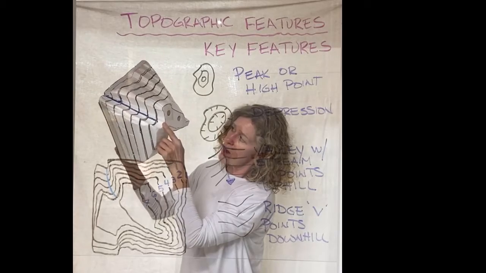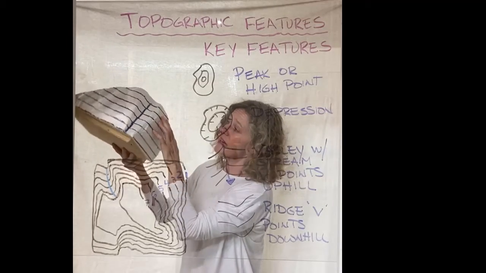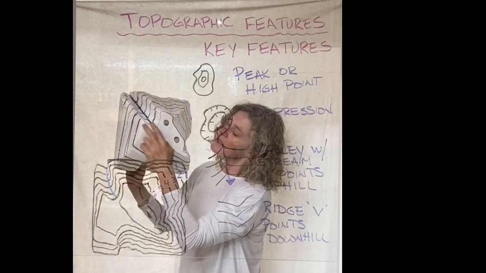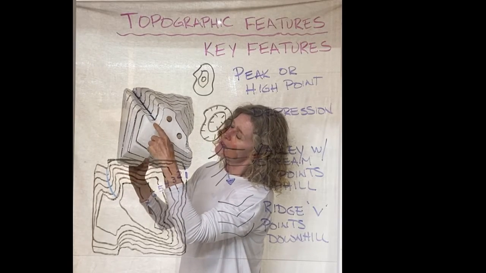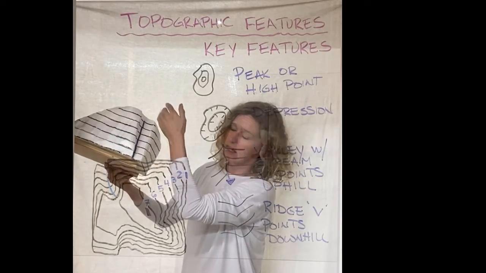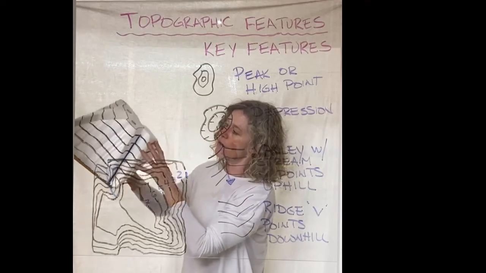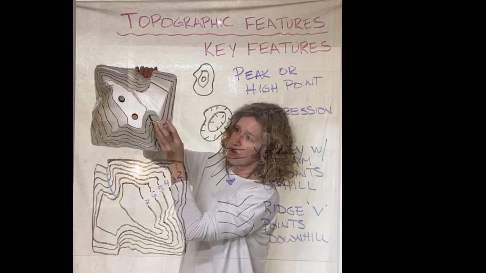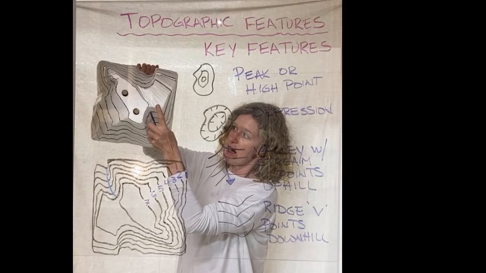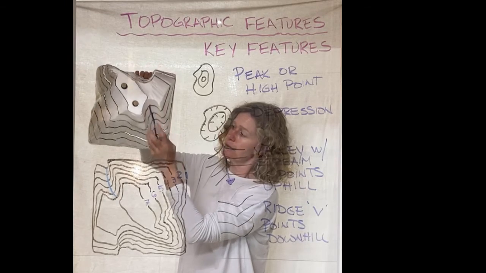Where we see the water, which would be considered a valley, it's a low spot between two high points. But we can see that our V's would be pointing uphill in this case, and our water is going to flow opposite of that. So when you look at it from plan view, the V's are pointing in an upward direction, and that's uphill.